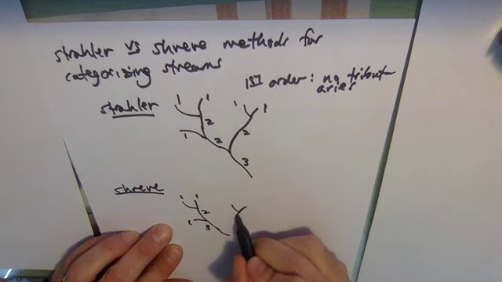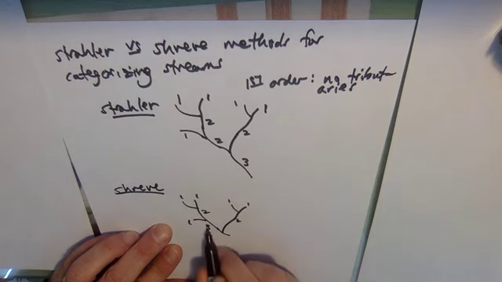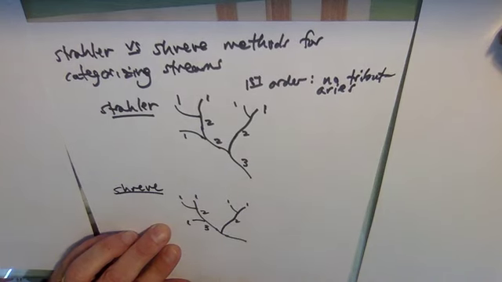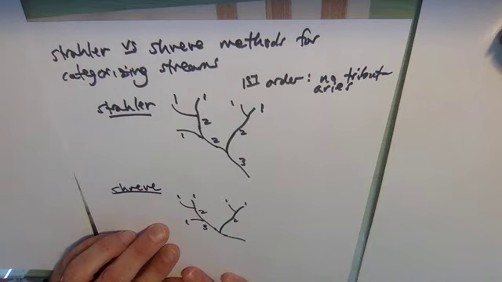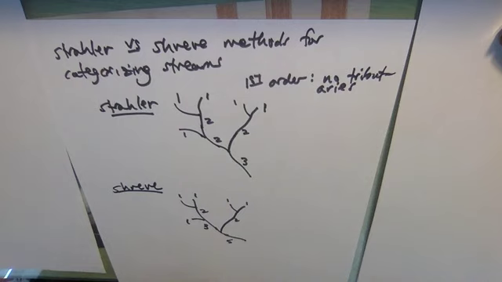And if we have something that looks like this over here, 1, 1, 2, where the second order stream and the third order stream come together, what do you get? It's additive, fifth order stream, right? So anyway, that's one way of categorizing streams, and not too hard, right?